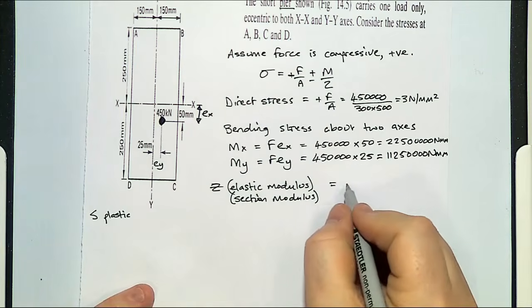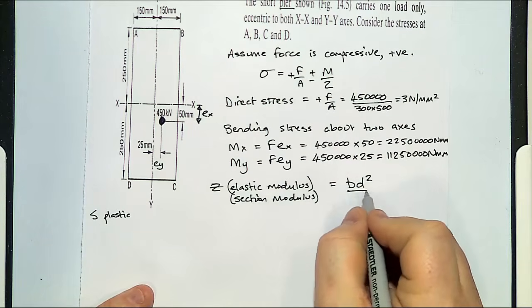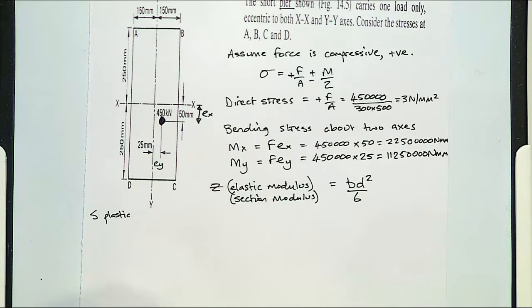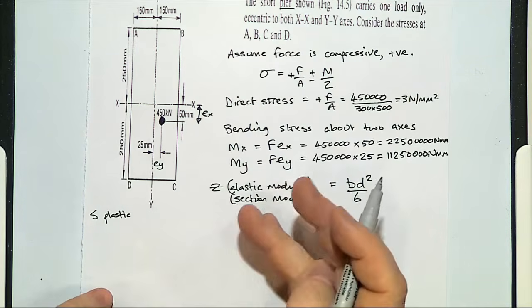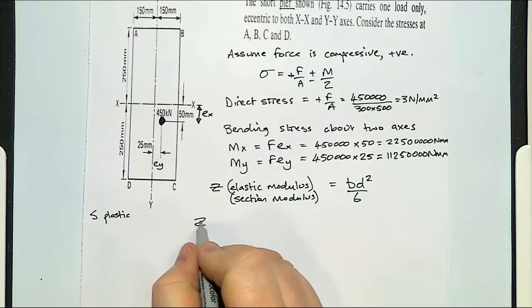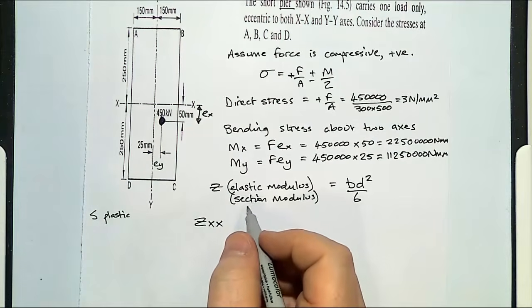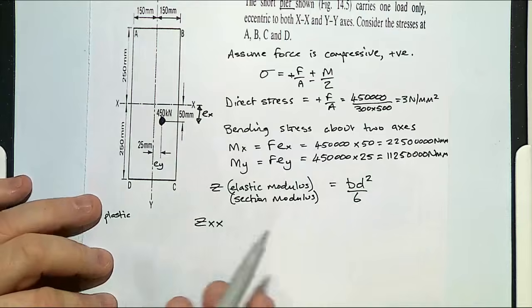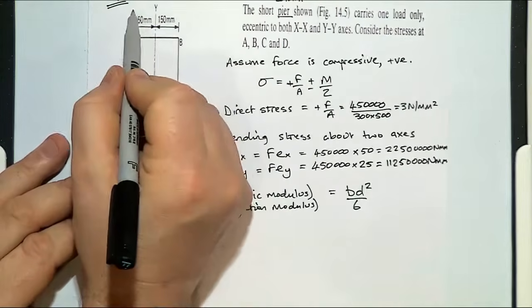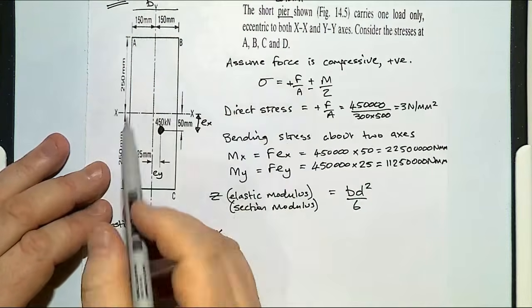So our Z is BD squared over 6. What we've got to try and make sure is that we get the correct B's and D's. So if we were going to look at our Z across the XX axis, this is our B, so that's 300.